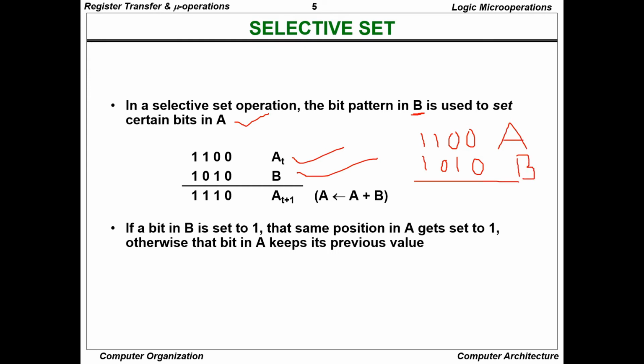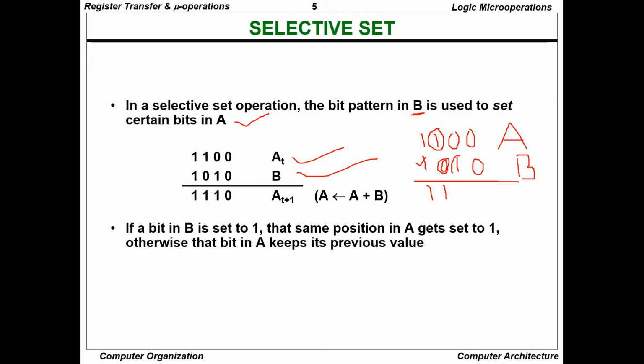For B we have 1 here. So what exactly is present in A? In A we have 1, so straight away we write 1 here. The same position in A gets set to 1. Otherwise that bit in A keeps its previous value. Here we have 0 in B, so no need to check; keep the previous value, 1.